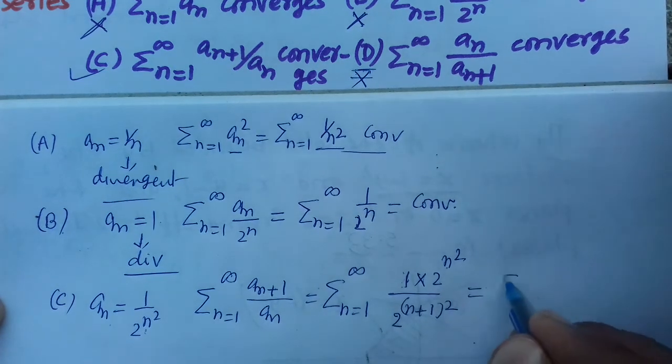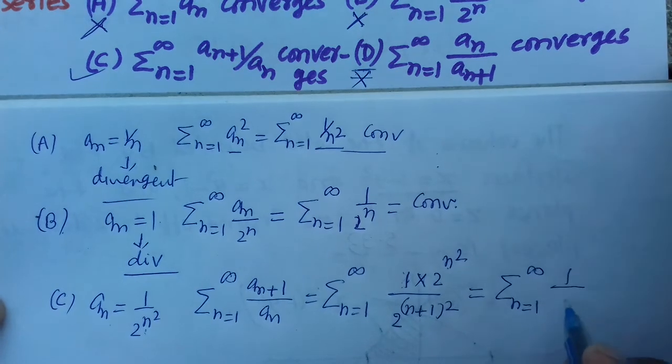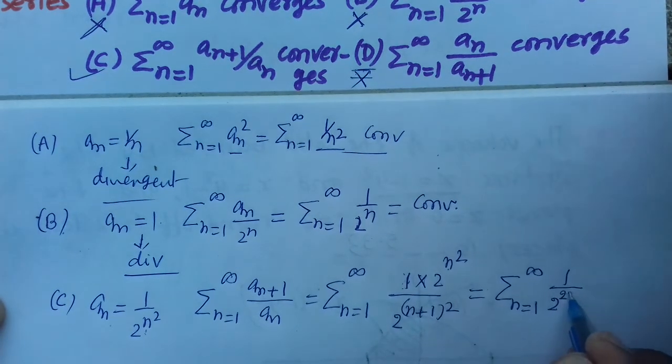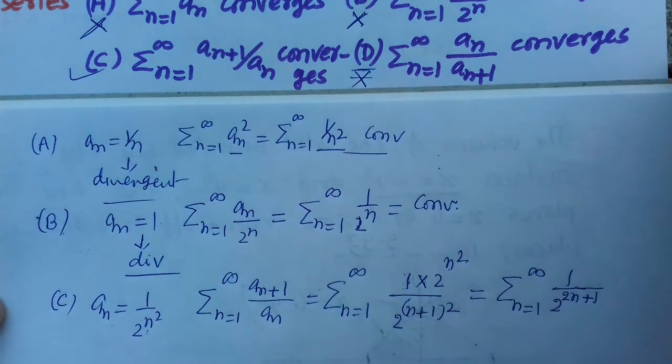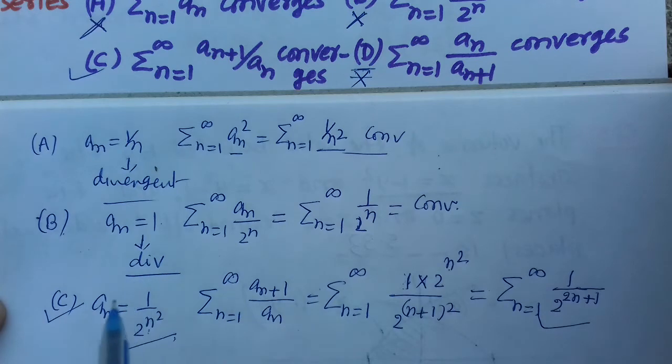Simplification gives us the sum from n equals 1 to infinity of 1 by 2 to the power 2n plus 1. And you know that this series is convergent, also this series is convergent, both are convergent. So C seems to be correct. You see that this is correct.